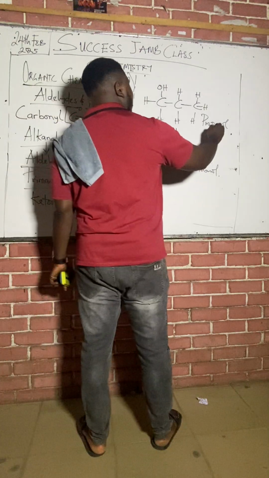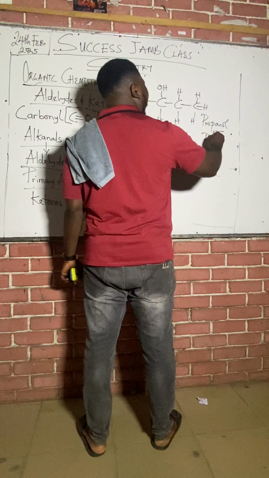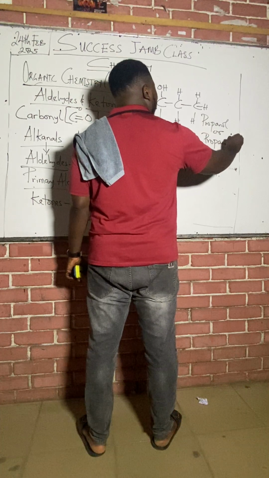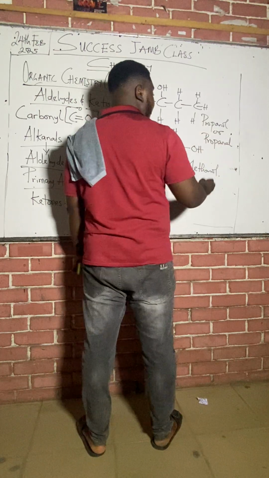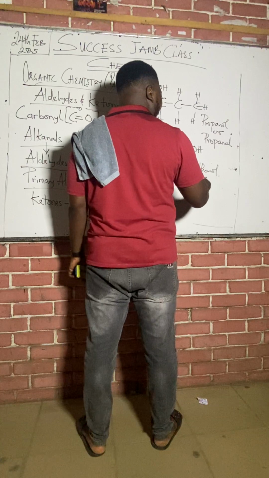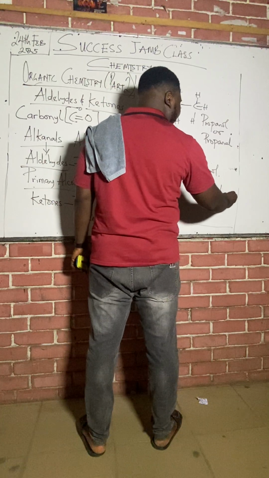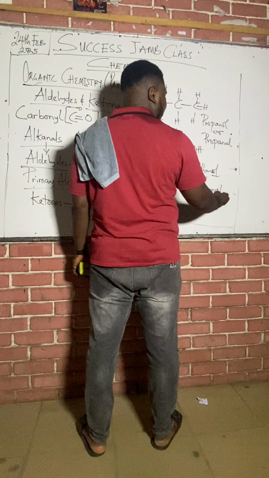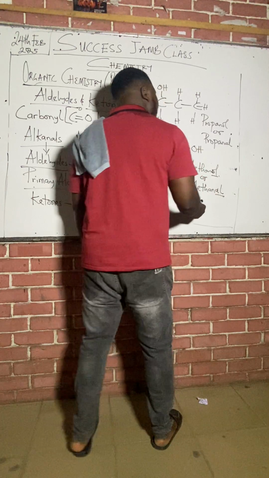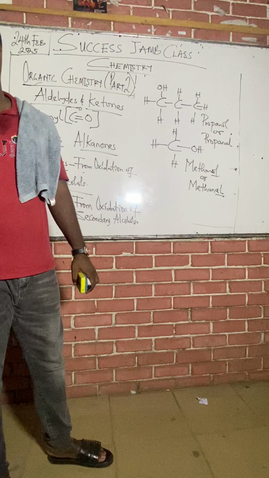After they are oxidized, the name will change from propanol to propanal. Don't forget, aldehydes' names end with -al. And methanol will change to methanal. So instead of -ol, it's now -al. This is -ol, but this is -al. Aldehydes are called alkanals.